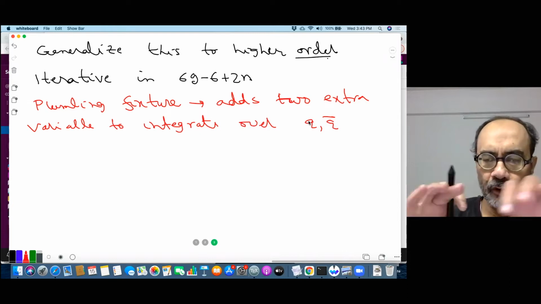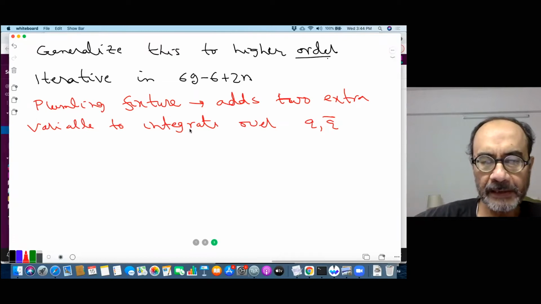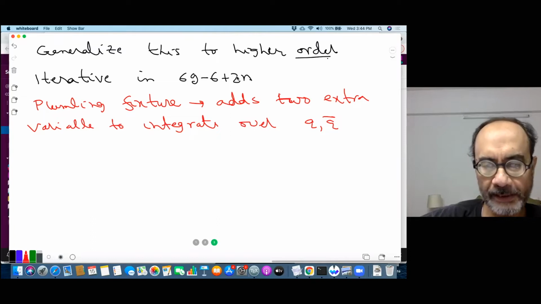So when you put things together by plumbing fixture, you increase this number. So that's why you start with the lowest value of this. In fact, the sphere 3-point function has this equal to 0. Then the sphere 4-point function and the torus 1-point function have this equal to 2. Now we go to the next step, which is when this takes value 4. It's always even. So for example, the sphere 5-point function or torus 2-point function will be the next in line.